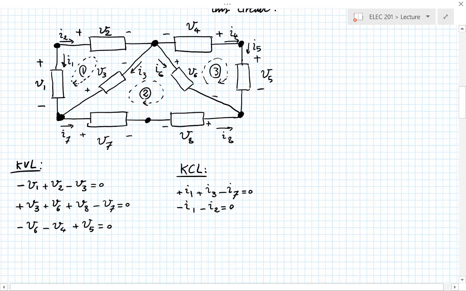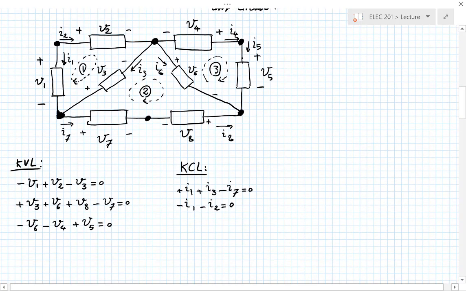Now if I go to the node in the middle at the top, I have I2 going into it, I3 leaving it, I6 leaving it, and I4 leaving it too.